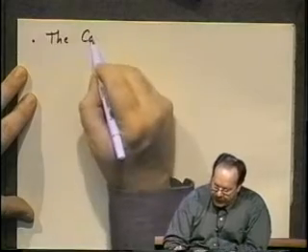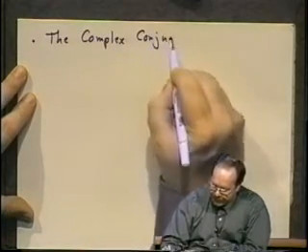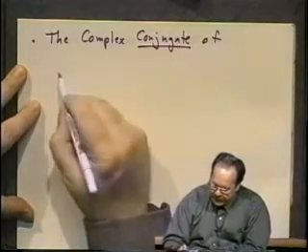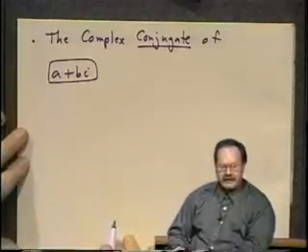All right. One other thing that's going to occur now, especially with quadratic equations, the complex conjugate. Remember the word conjugate? Complex conjugate of a complex number a plus bi. Now what is the conjugate of that number?